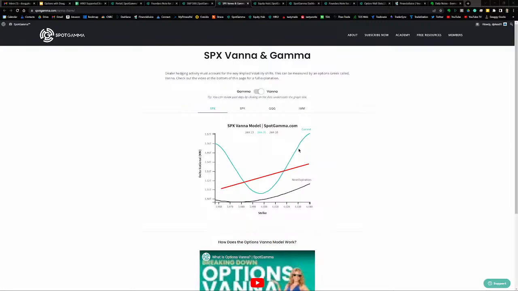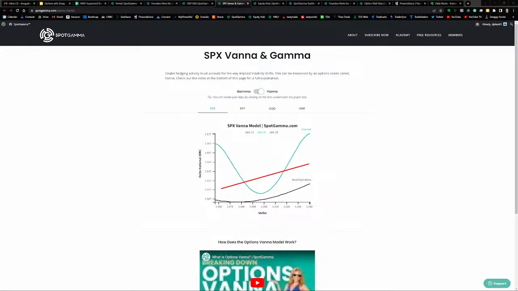And this green curve is showing the current expiration and how their delta notional changes with changes in price as well as implied volatility, and that's the Vanna effect. And then the black line is showing how their delta exposure changes as time passes, and that's the charm effect.